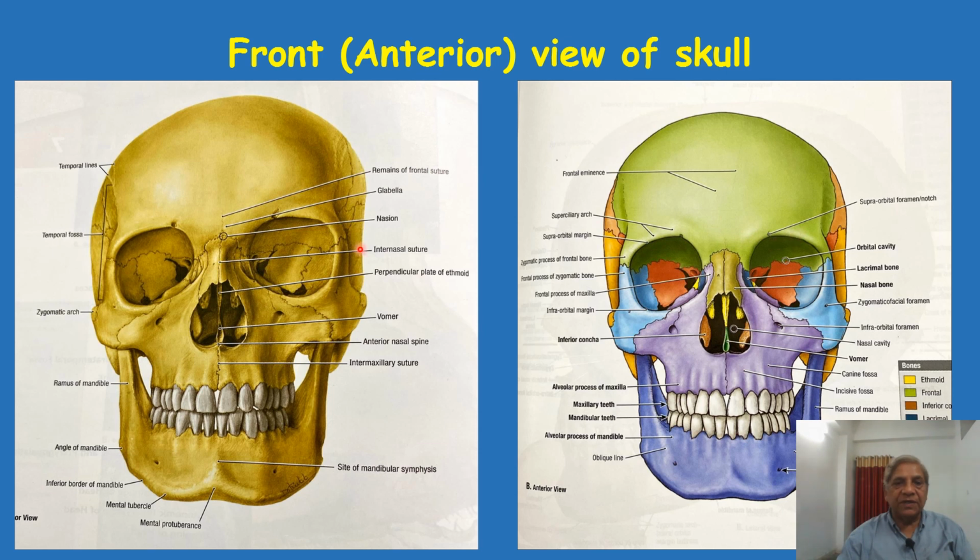Sometimes instead of a notch there may be a foramen here, and then you can say that it is the supratrochlear notch and supraorbital foramen, which give passage to the supratrochlear nerve and supraorbital nerve and vessels of the same name, which are branches from the ophthalmic nerve. Okay, the fifth cranial nerve, the first division, the ophthalmic nerve.